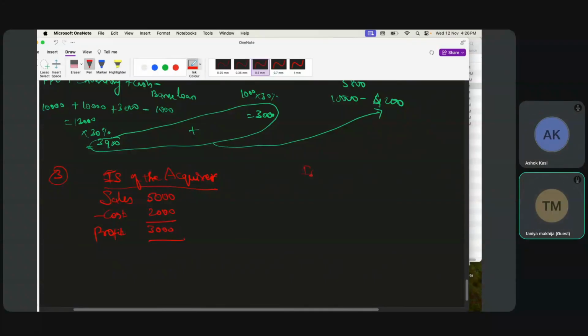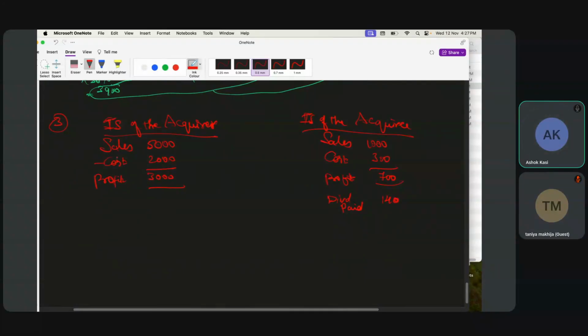And then the income statement of the acquiree or target, one and the same: sales 1,000, cost 300.